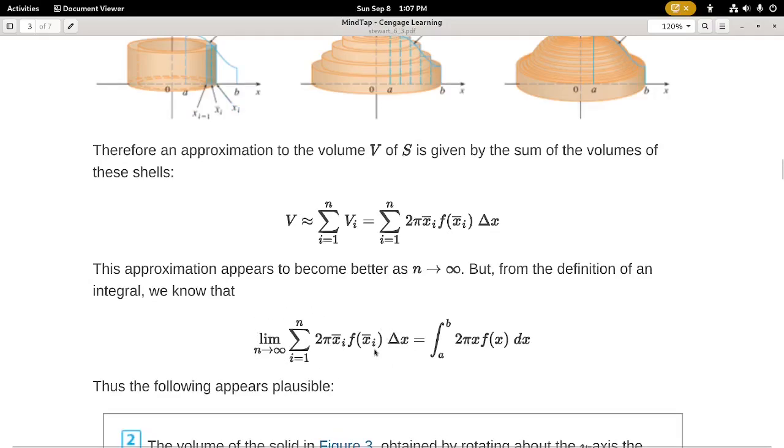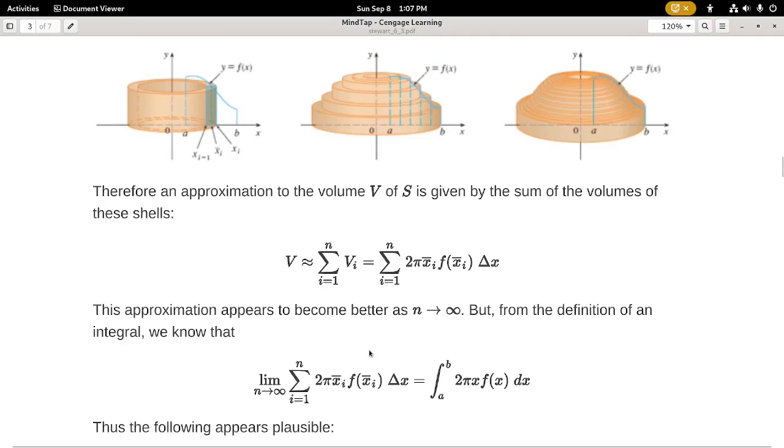If you look at this limit, you just remember the definition of an integral. You're taking the value of this function at different points, and you have the difference between points. You let that go to infinity. This, by definition, is the integral of this function, 2 pi x f of x.